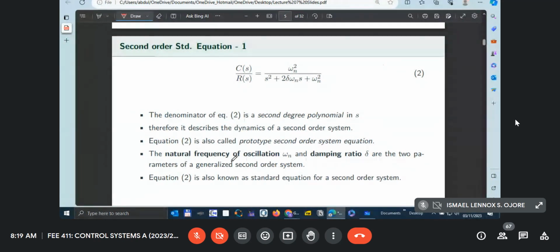These are the natural frequency of oscillation, omega n, in radians per second, and the damping ratio, which is a dimensionless quantity. So as I said, equation 2 is also called the standard equation for a second order system.